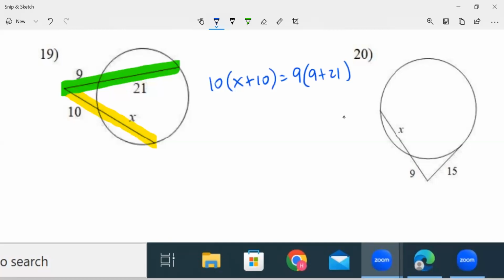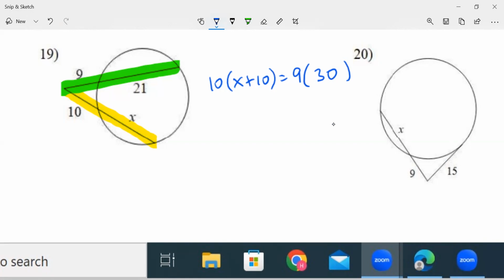I could call it 9 plus 21, or I can just say, you know what? 9 plus 21 seems too lengthy. I'm just going to call this 30. Right? I can combine it. My first parentheses, I couldn't combine. X plus 10, I have no idea what x is. But 9 plus 21, yeah, I can combine that, right? I'm just going to write 30.